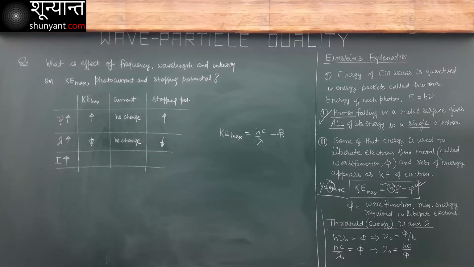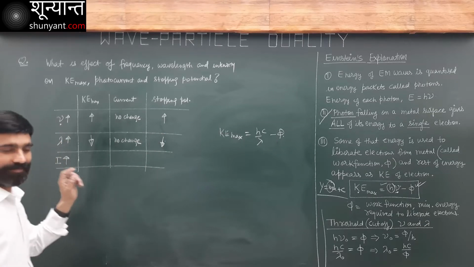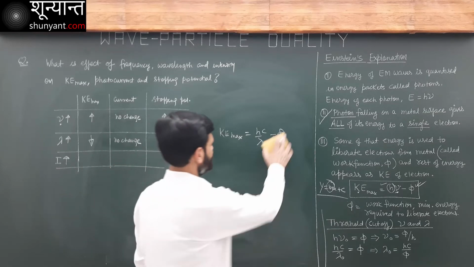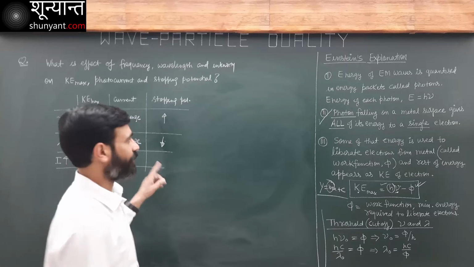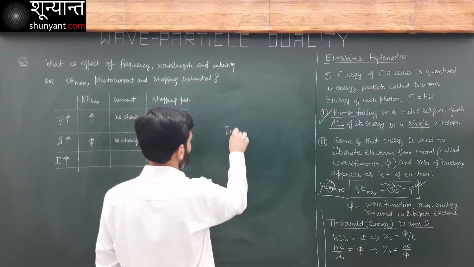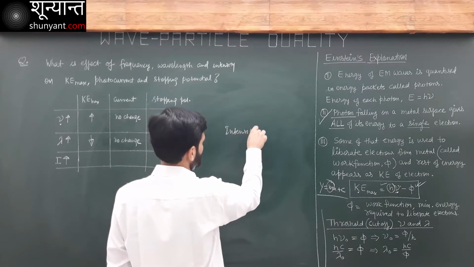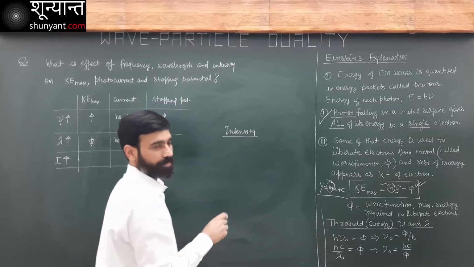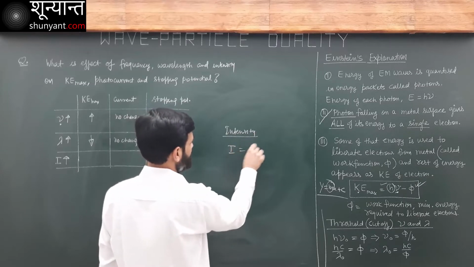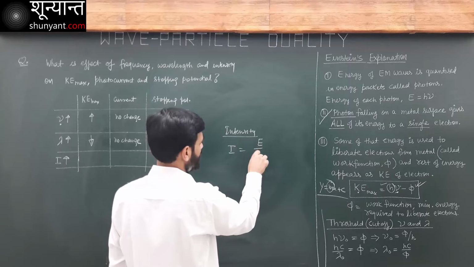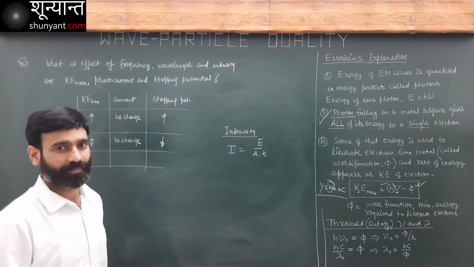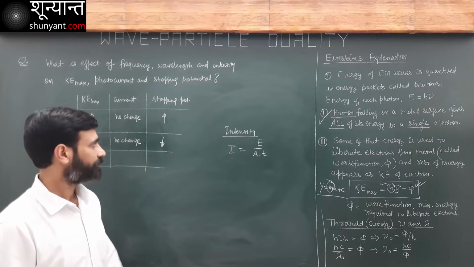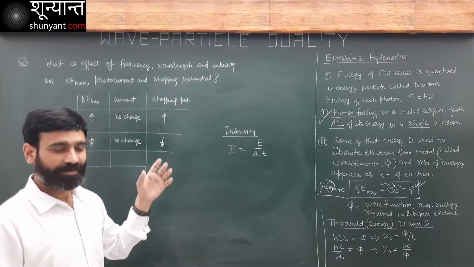Now this is the real confusing one. What is intensity? Intensity, I, is equal to E over A and t. Intensity increases.